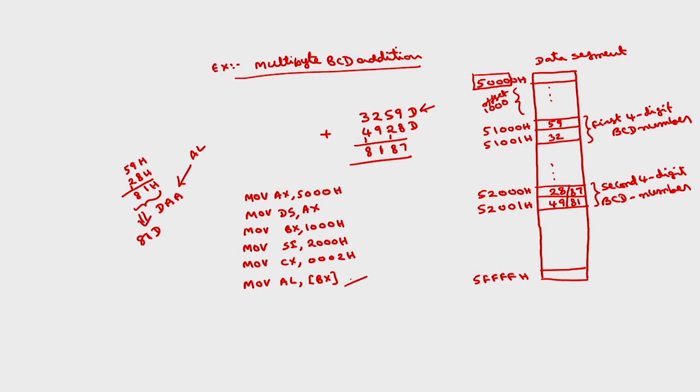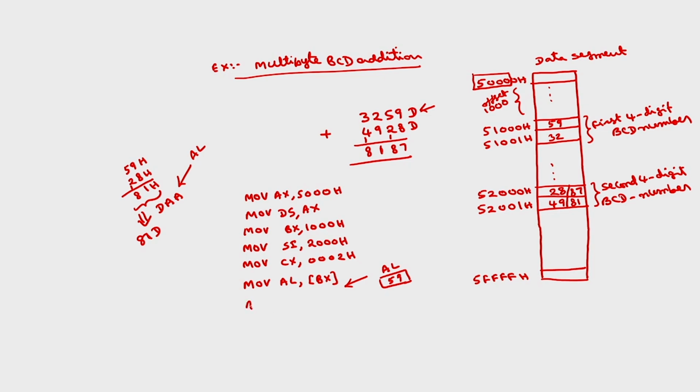So this AL will be loaded with the contents of the memory location whose offset is present in BX. So BX is pointing to 1000 with the value 59. So AL will be loaded with the 59 value. Even though we have given this as a decimal, the microprocessor assumes that it is a hexadecimal number. Okay. Now we have to add to the previous one.